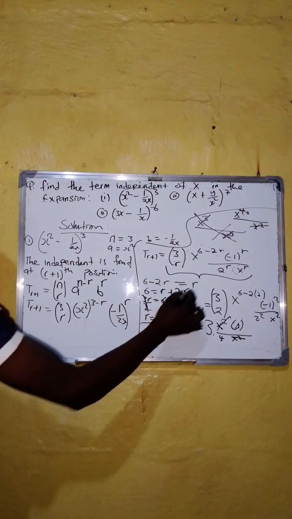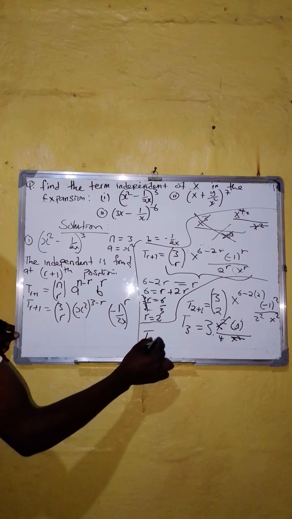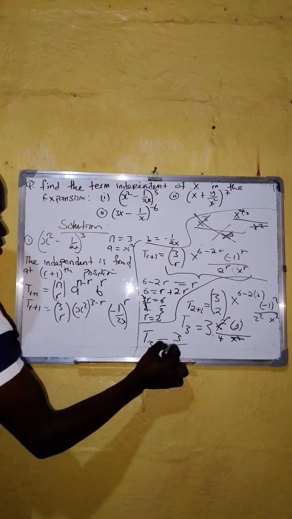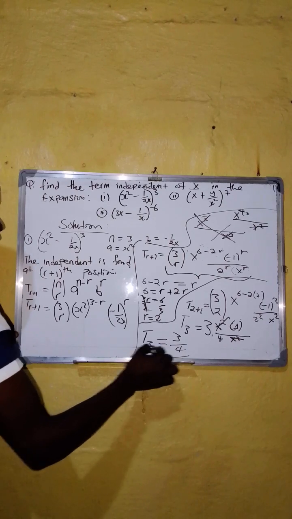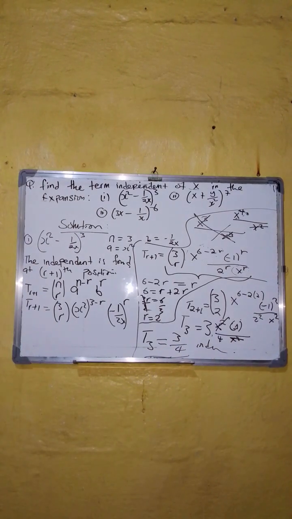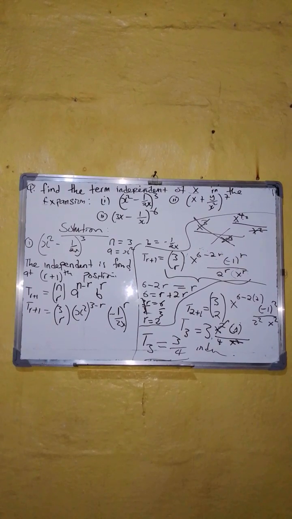By the end, T3, which is the third term, will be equal to 3 over 4 as our independent term of x. After the x squared cancels out with another x squared in the denominator.